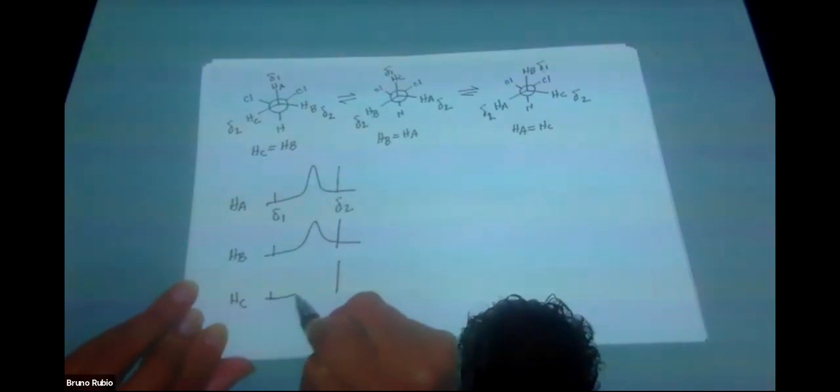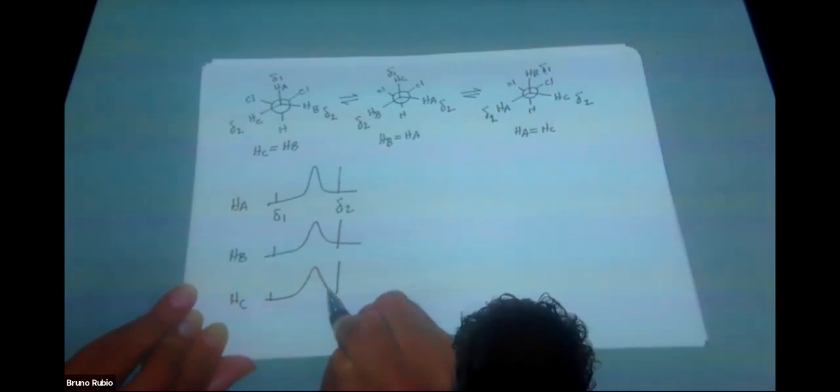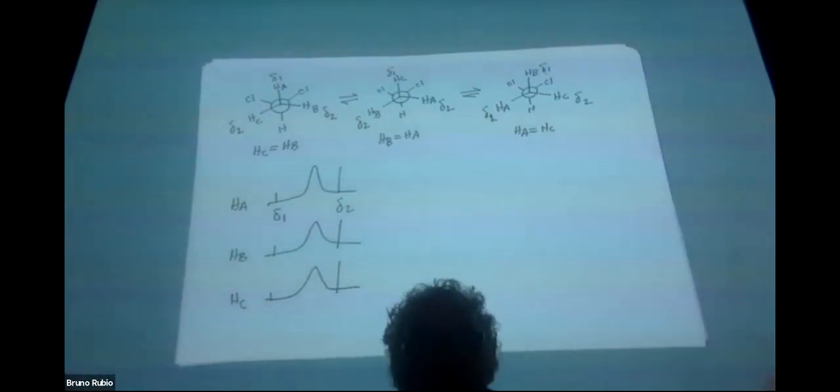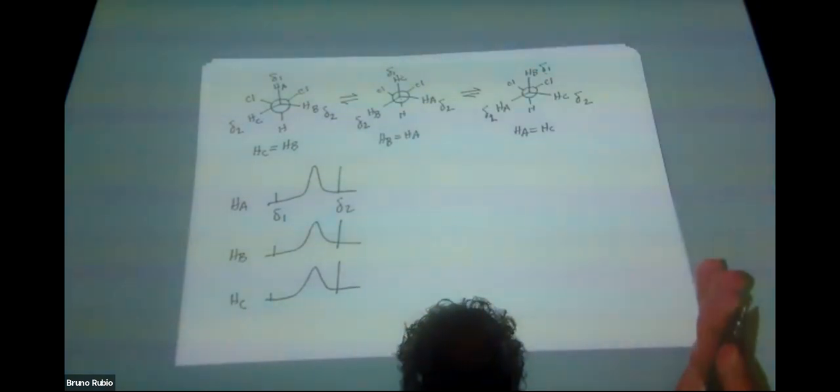That's way beyond the NMR's ability to detect the difference between delta 1 and delta 2, and so we get the average. What we've just shown by this analysis is that the 3 protons of a CH3 group are equivalent by a rapid mechanism.